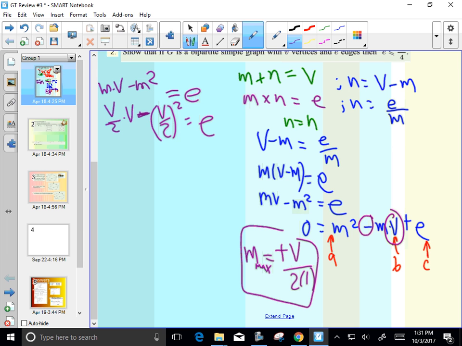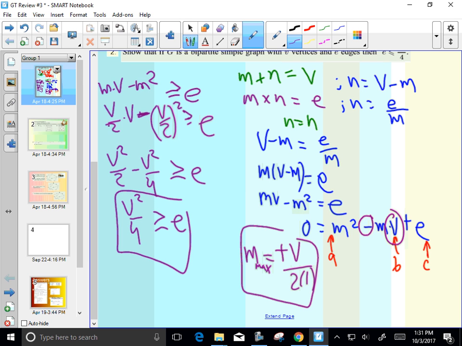The edges are going to be less than or equal to this. So what's v squared over 2 minus v squared over 4? That's going to be v squared over 4. That's what you're trying to prove for that one. That was a little tough.